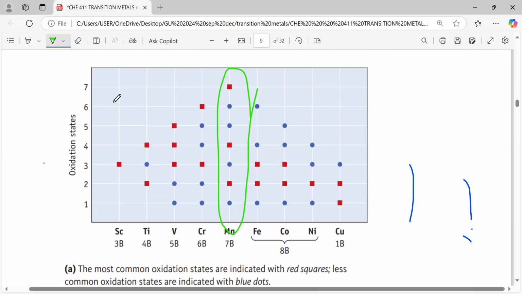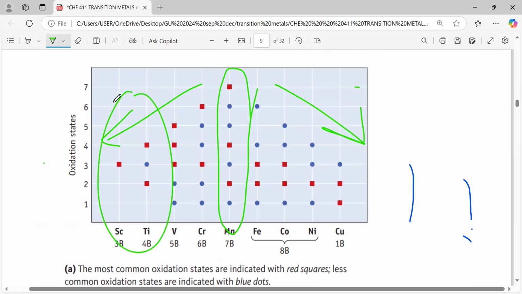Then it gradually reduces as you move away from the center of the block, so that the early and the late elements have lesser oxidation states.